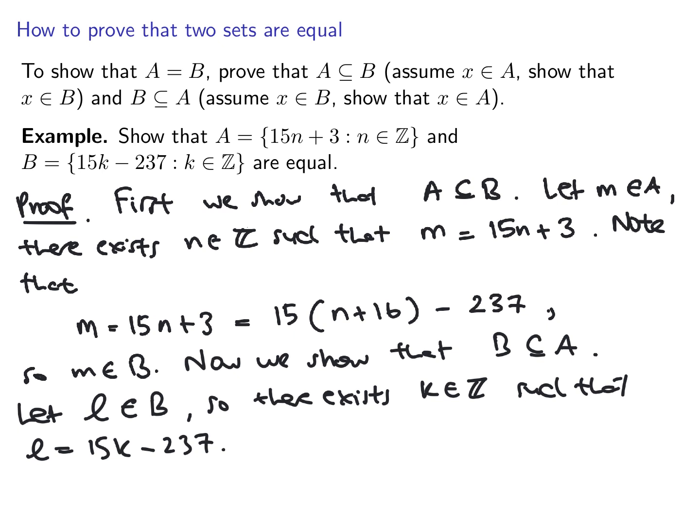So we have that l, which is 15k minus 237, is equal to 15. Again, do this computation yourself, times k minus 16 plus 3.